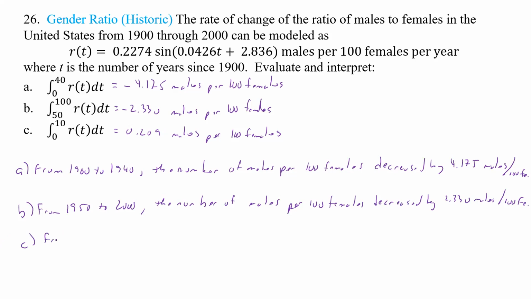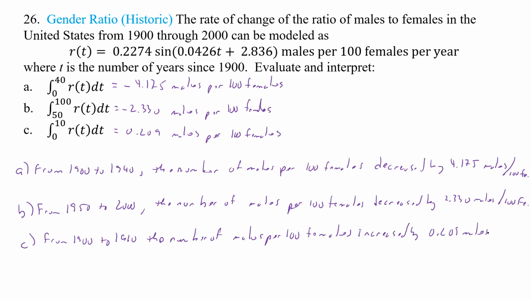So from 1900 to 1910, the number of males per 100 females increased by 0.209 males per 100 females. And again, we're using our calculator to calculate all these.